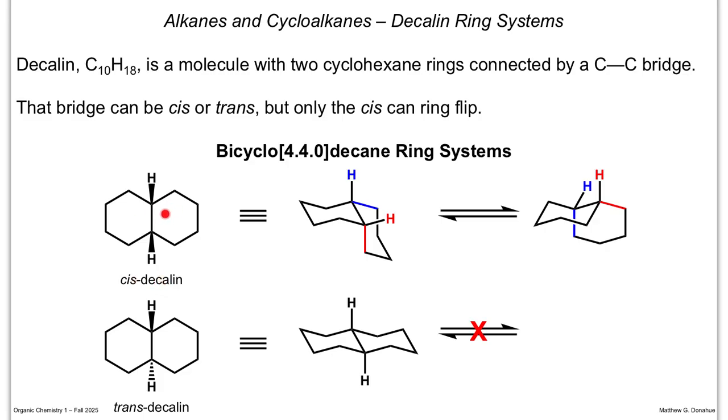The unsubstituted just carbon rings, this is called decalin. So you have cis and trans decalin, and that relates to the bridge junction. Only the cis decalin can undergo a ring flip.